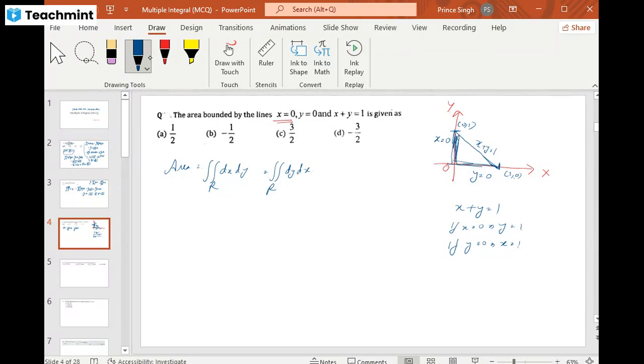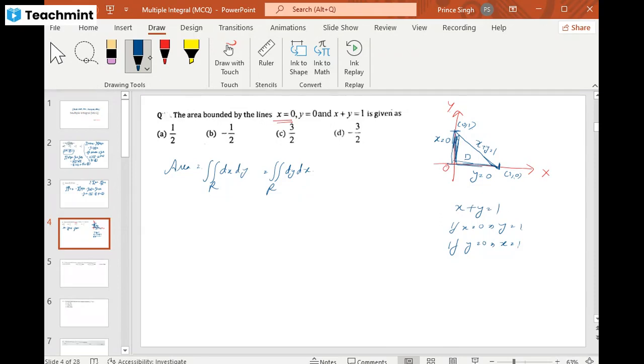Now, the question is, how do we find the limit of the variable? There are two ways to find the limit of this function. The first one is, we simply consider a small piece of rectangle, and we can move it firstly horizontally or vertically. This is our choice. For example, I firstly move horizontally.